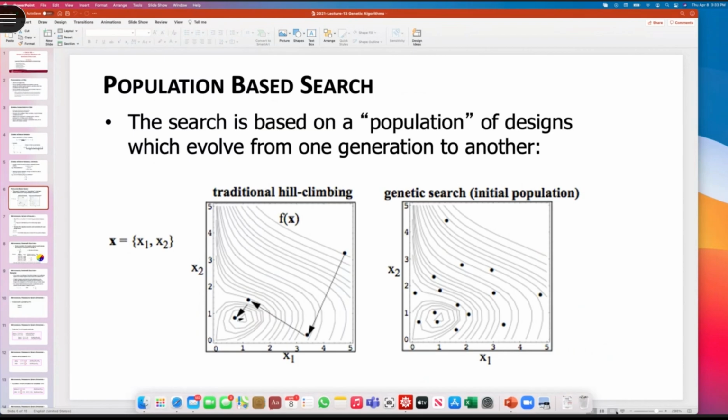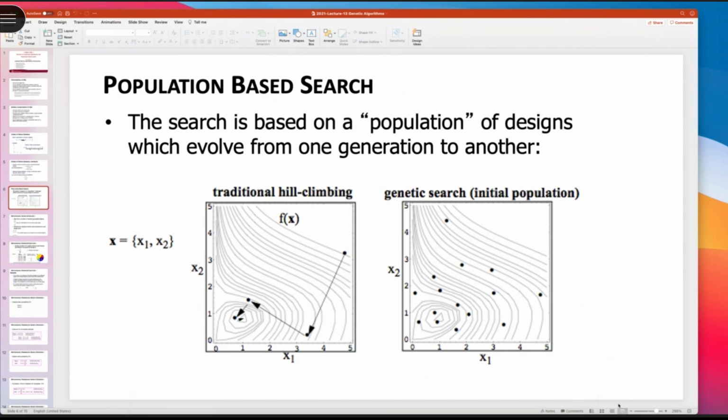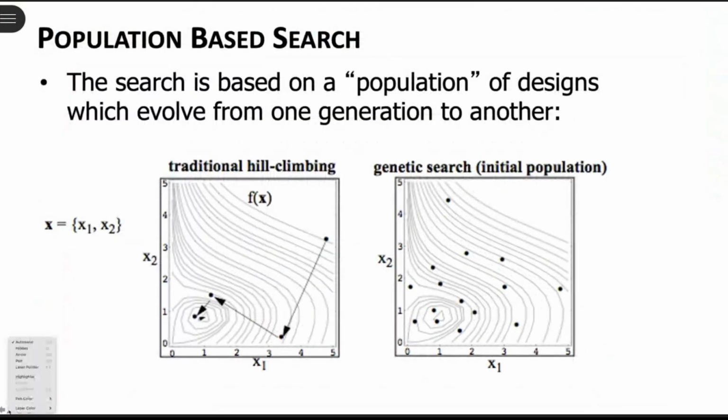Let me see. To be able to draw, I need to go to this and get a black pen, for example. And let's say that this part of the design space was not available to you.